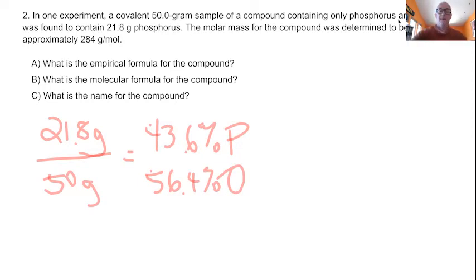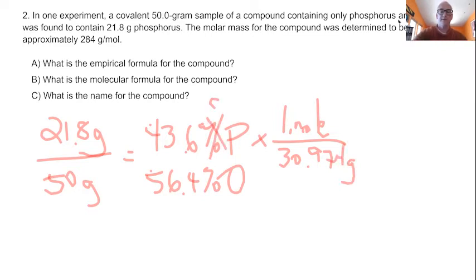So multiply that by 1 mole over 30.974 grams. Now I'm just going to change this to grams for both of them, because percent just means out of 100, right? So it means out of 100 grams.